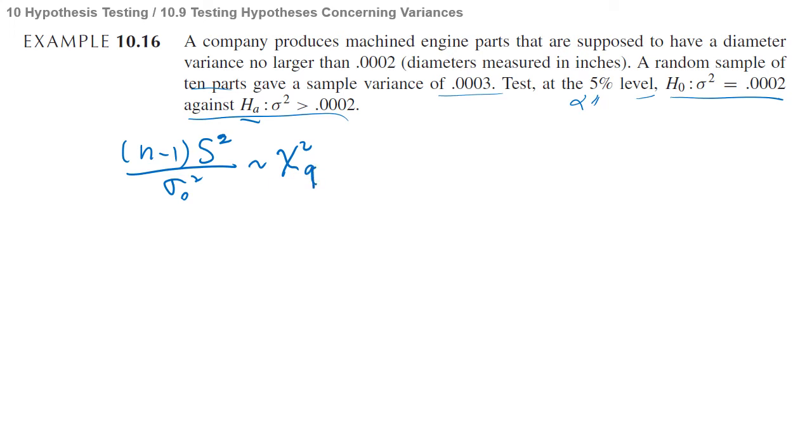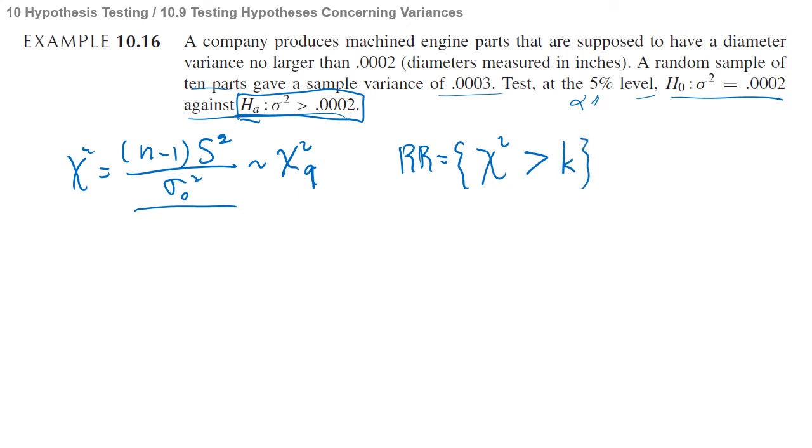And to do this alternative hypothesis, what would be the rejection region? Let's say this is the chi-square statistic. The chi-square statistic should be larger than k. If we have a larger chi-square, it implies that in reality our sigma square would be large.